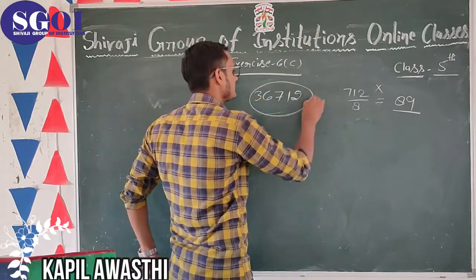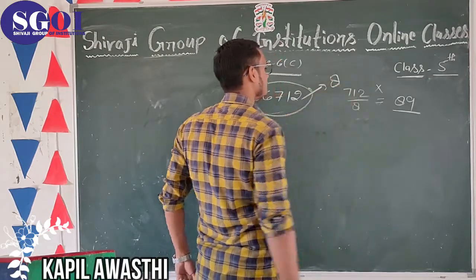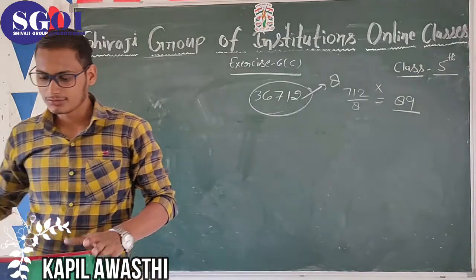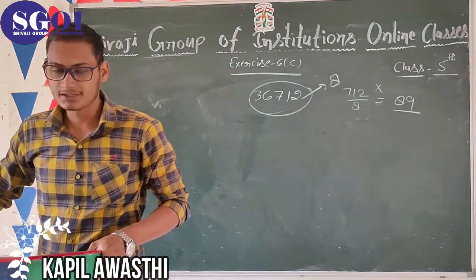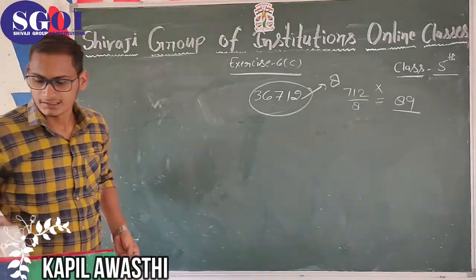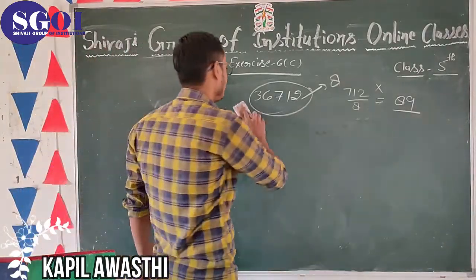So the whole number is divisible by 8. Understood? That is how to test the divisibility by 8.